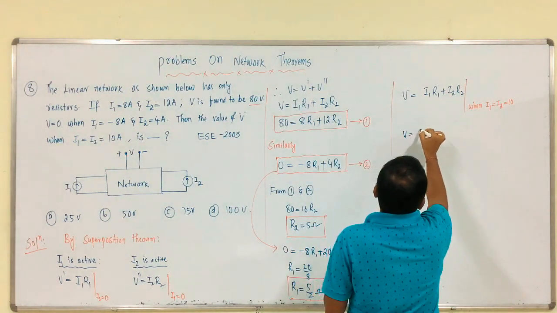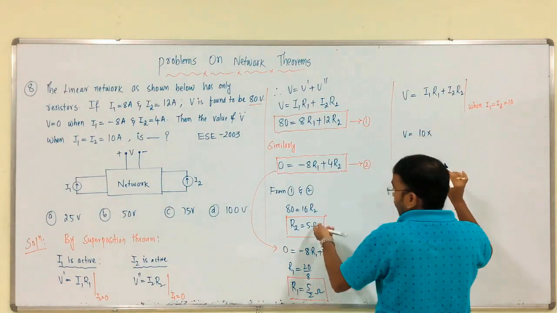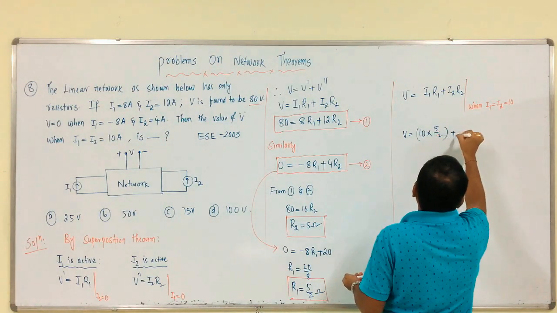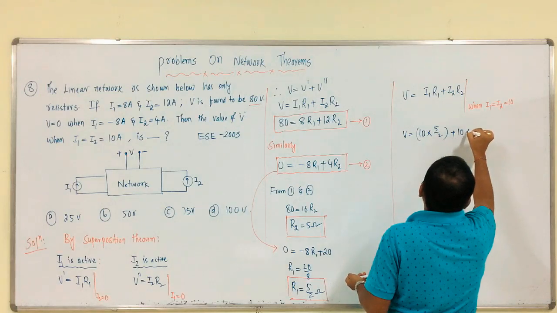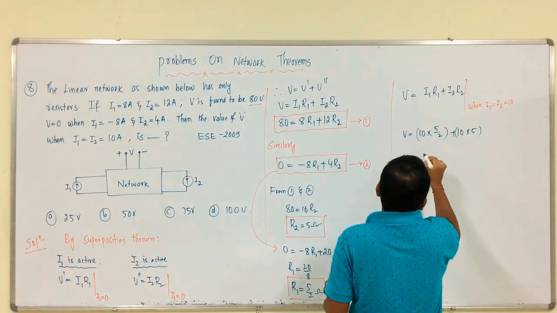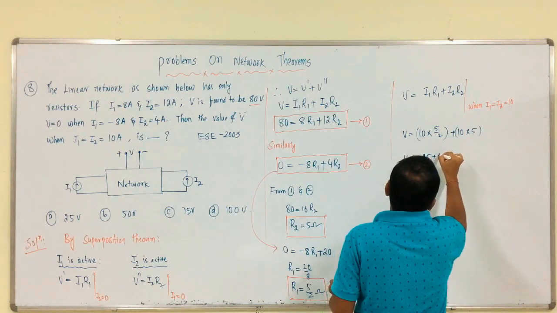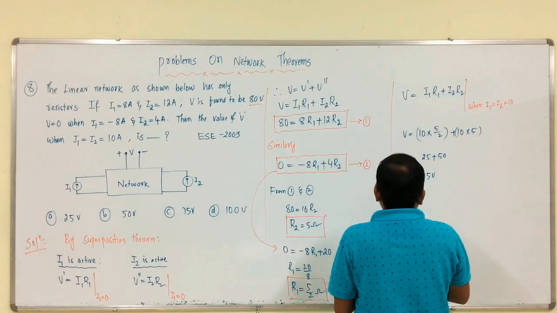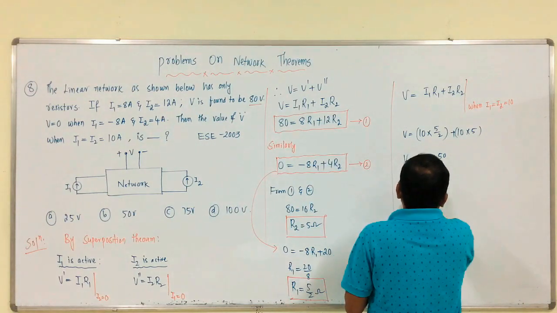So, V is equal to 10 into the value of I1, 5 by 2, plus 10 into 5, right. So, this is 25 plus 50. Therefore, V is equal to 75 volts, right.